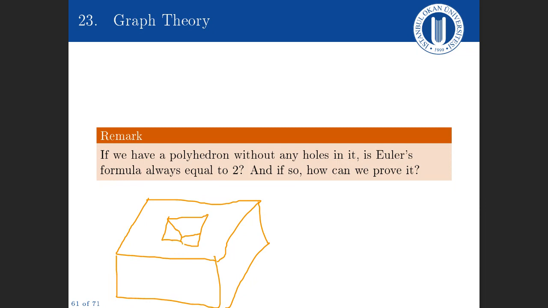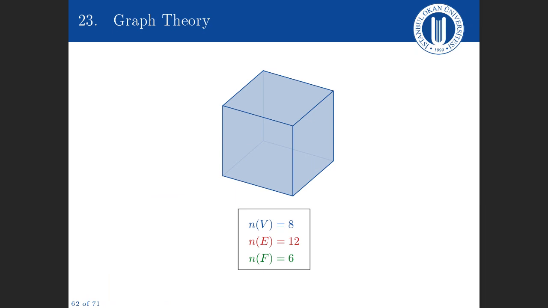I don't want some sort of solid shape that we can stick our finger through and it comes out the other way. I only want a polyhedron which doesn't have any holes in it. And I want to answer the question, is Euler's formula always going to be equal to 2? If we think it is, how can we prove that it's always equal to 2? And why are we talking about this in a lecture about graph theory?